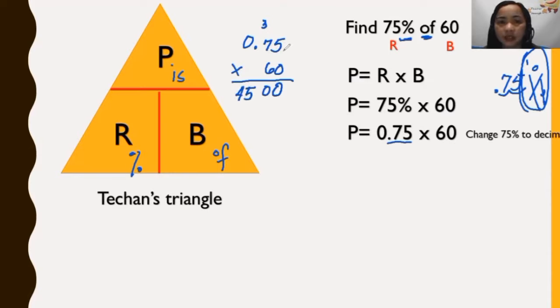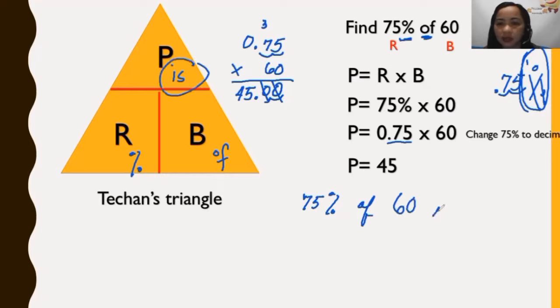Remember to count the decimal places. We have 1, 2. We have 1, 2. So the answer for this given is: percentage is 45. Or we can say that 75% of 60 is 45. So that is the answer.